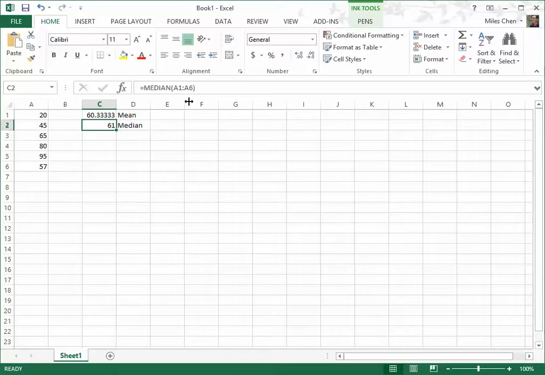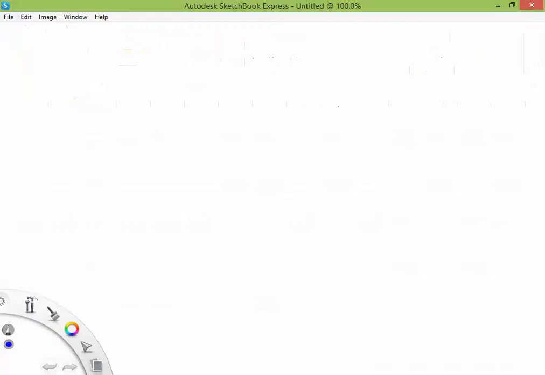So for the mean, what you enter is you click the cell and you type in equals average, parentheses, and then your range of cells. So in this case, A1 through A6. And you have to close the parentheses.